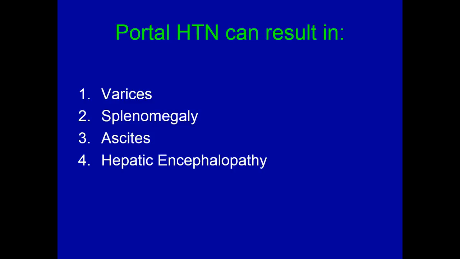Because the portal venous system is important, passing that blood through the liver is important for detoxification. If the blood can't go through the liver, sometimes it will shunt around the liver, so it won't go through portal circulation and won't get detoxified.